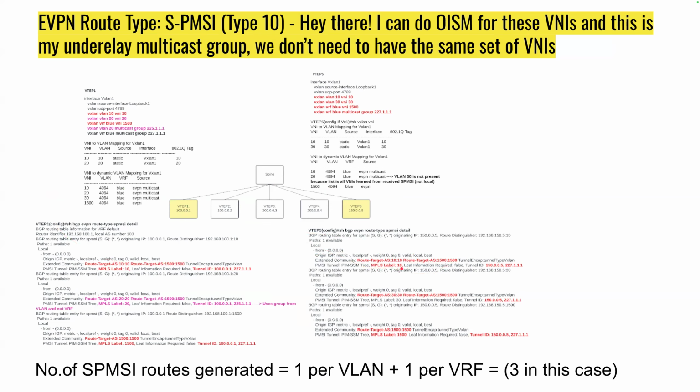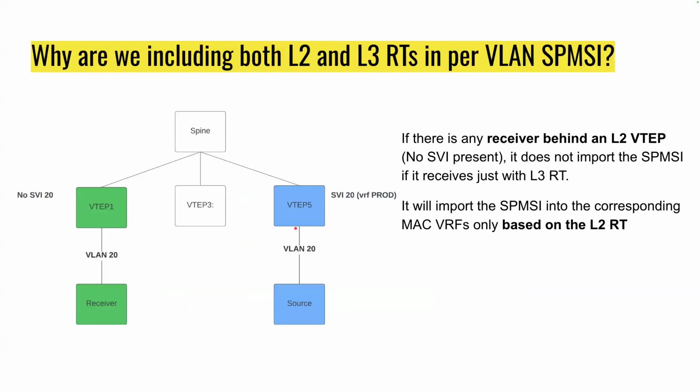There is no way that the receiver in VLAN 10 can receive the feed from VTEP 5 if we just send it with this L3 route target, considering VLAN 10 is just an L2 on VTEP 1. So at the end of the day, we need to import the route, right? And you don't have the L3 route target on VTEP 1 because there is no VRF. So in that case, how do we even import?